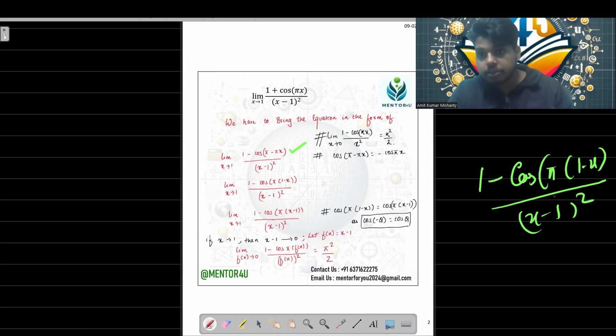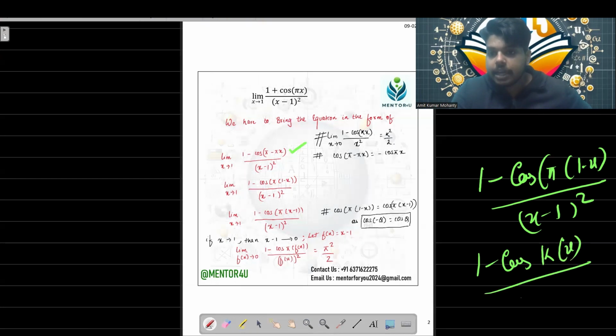Now, if I compare this with the previous expression that I solved, which is 1 minus cos kx divided by x square, in that expression the denominator is the square of the term inside. Here the numerator is π multiplied by (1 minus x).